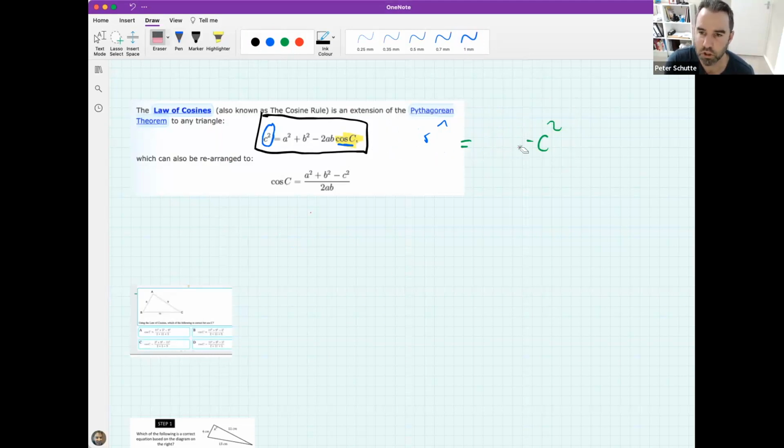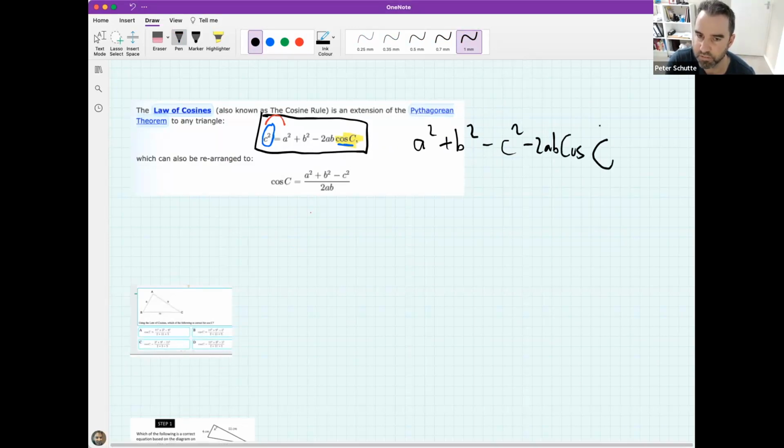And so all I'm doing is, imagine if I moved the c squared across to the other side, I would get a squared plus b squared minus c squared. And then I'd have this minus 2ab cos c by itself. And I'd have 0 on the other side, but there's nothing there. Now I'm going to move this across, and from a minus, it becomes a plus.